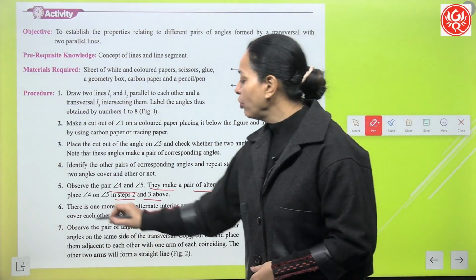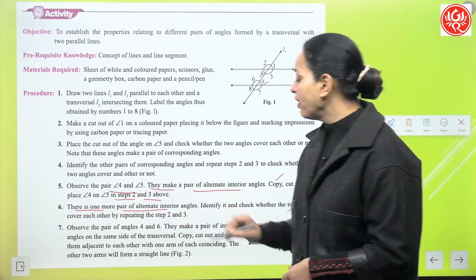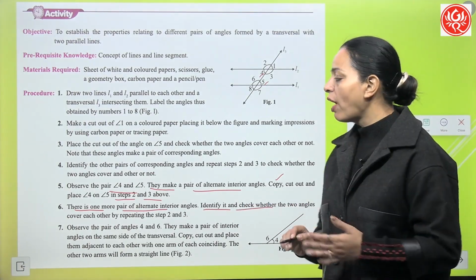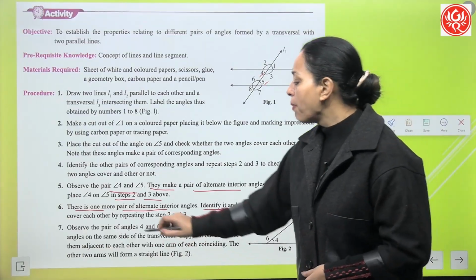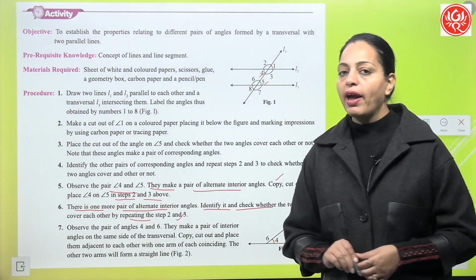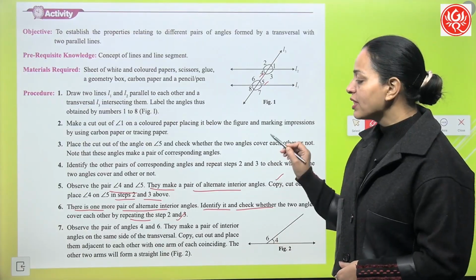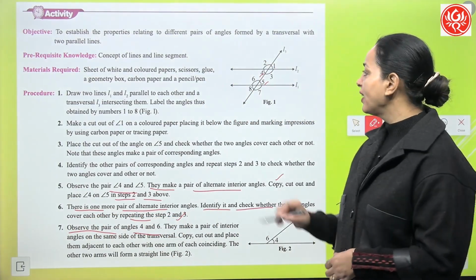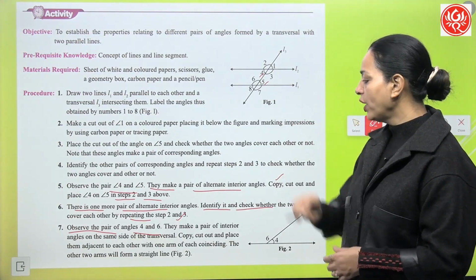Then the sixth one: there is one more pair of alternate interior angles. So identify it and check whether the two angles cover each other by repeating steps 2 and 3. Okay. Now the seventh one: observe the pair of angles 4 and 6.